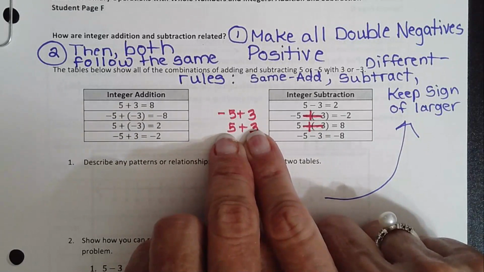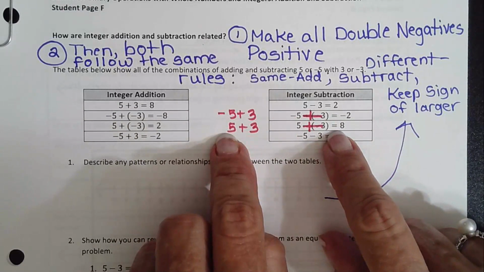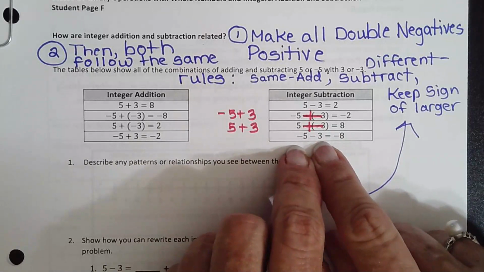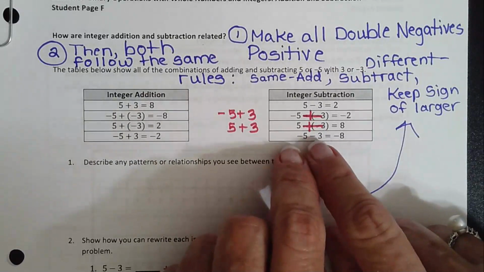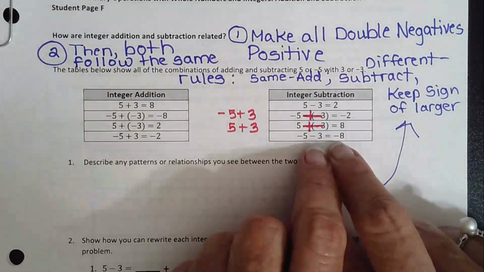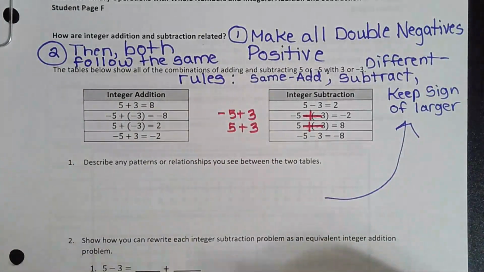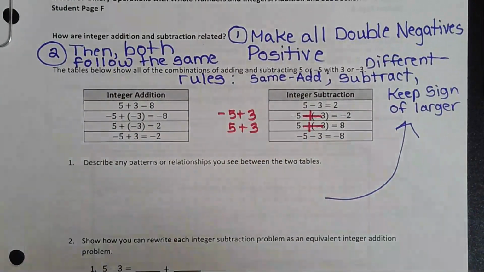Same signs, add, keep the sign. And same signs, add, keep the sign. Because we have a negative 5 and a negative 3, the signs are the same, so we add and keep the sign. Exact same rules, both sides, after we change all double negatives to positive.